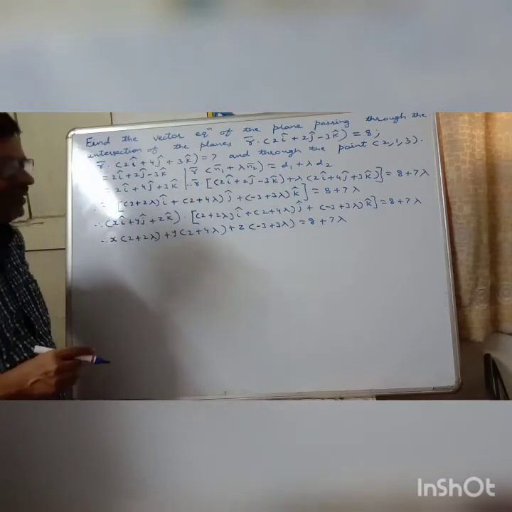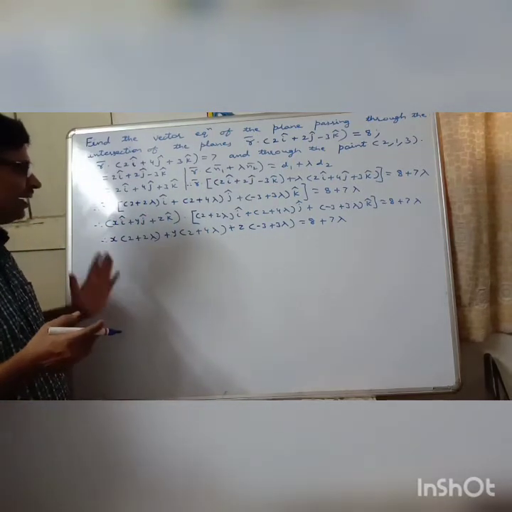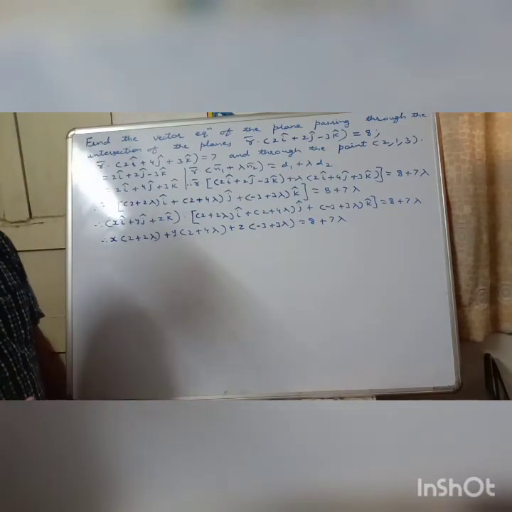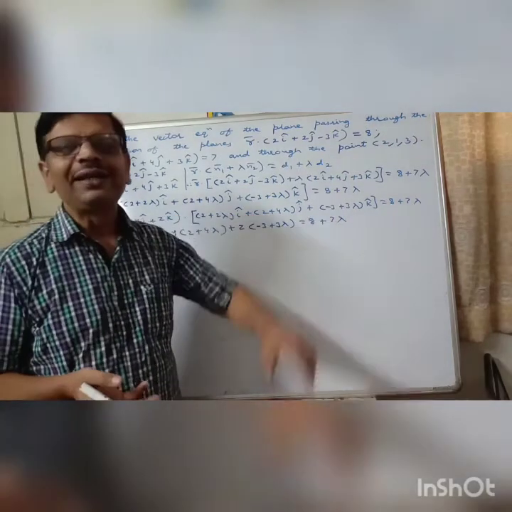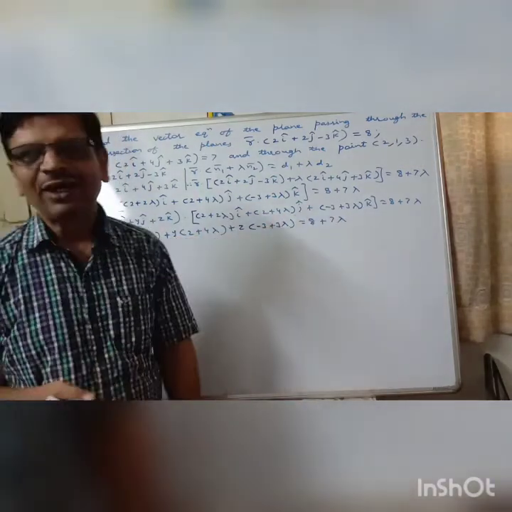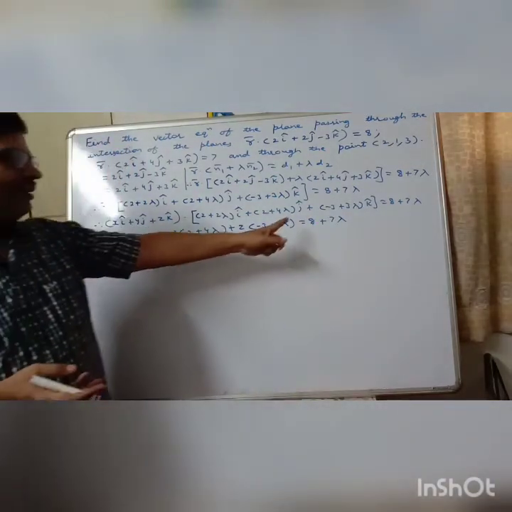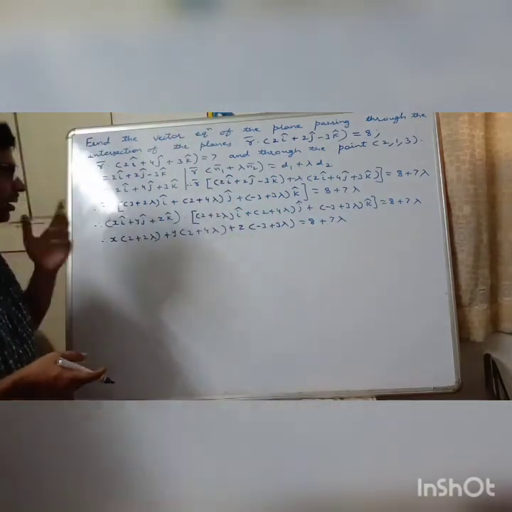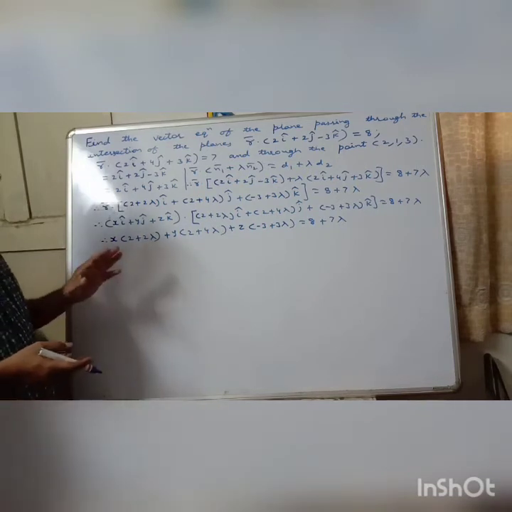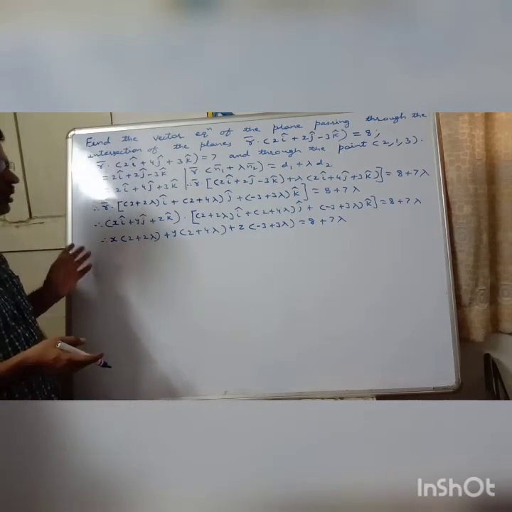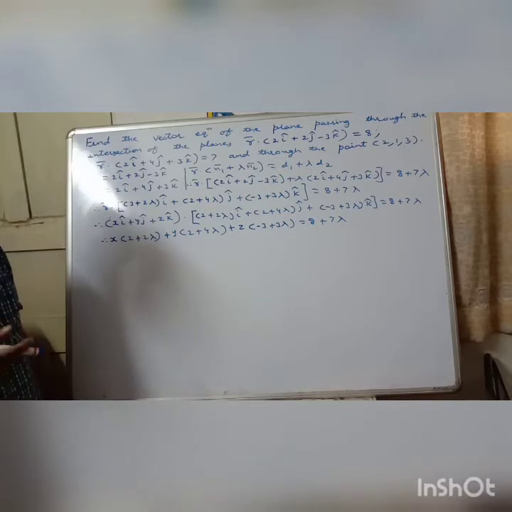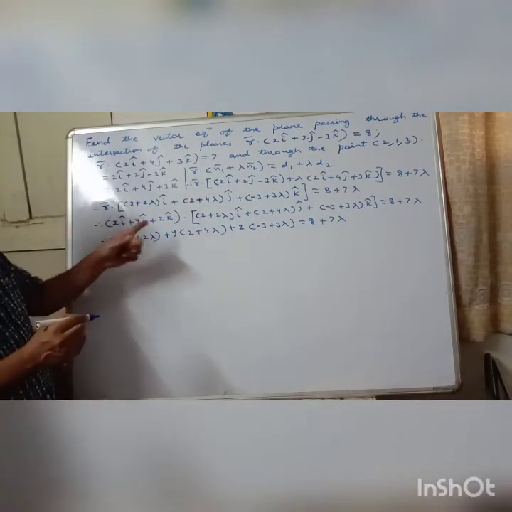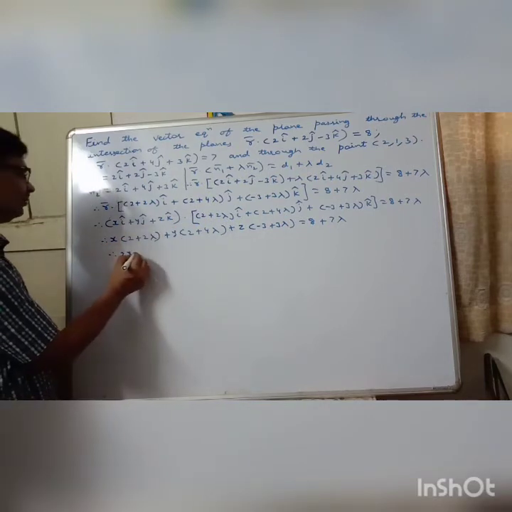ijk unit vectors have been eliminated. Equation contains x, y, z. We have to find value of lambda. Observe right hand side, 8 plus 7 lambda. 8 does not contain lambda. Next term contains lambda. So on left hand side also, we shall collect those terms first which do not contain lambda. We have 2x plus 2y minus 3z.